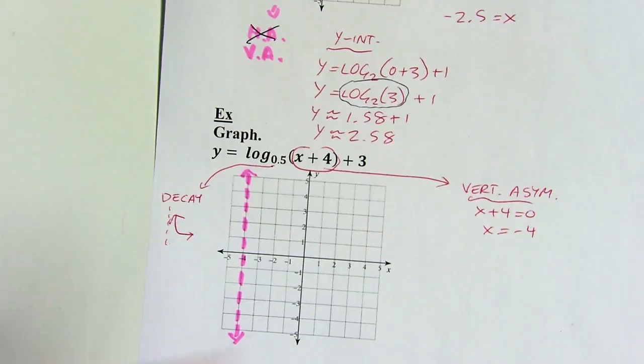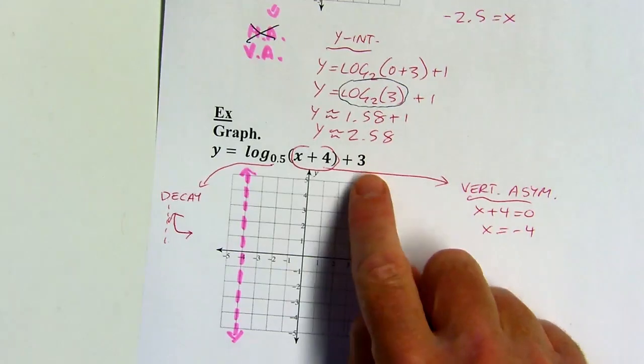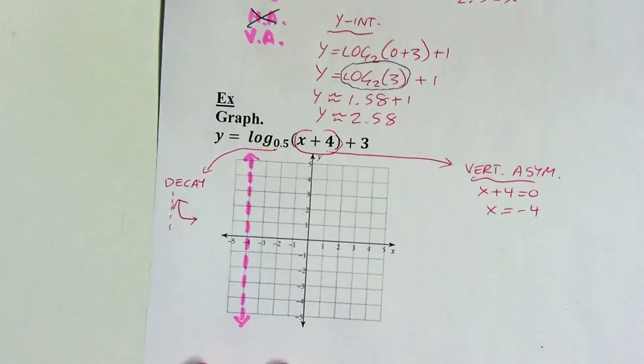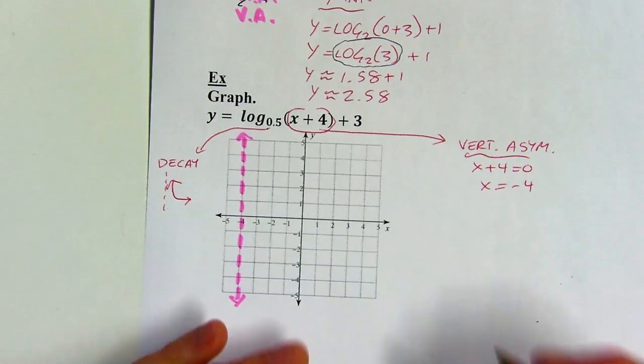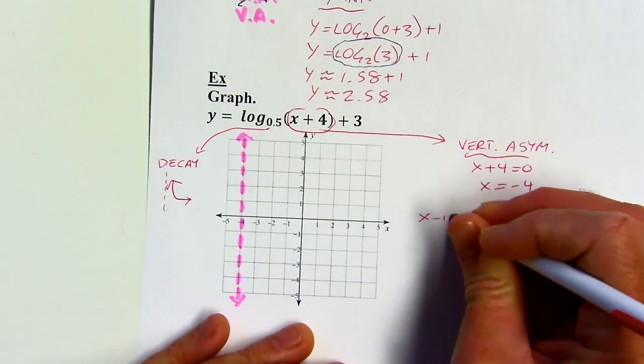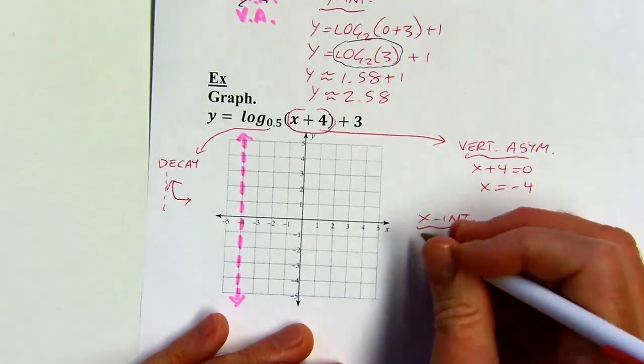Okay, that's moved everything left 4, right? This is going to move everything up 3, but we can just find the x and y intercepts to take care of that, okay? So x-intercept is always going to take a little bit more work.